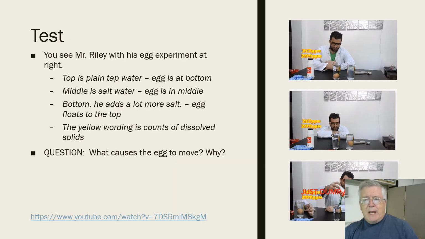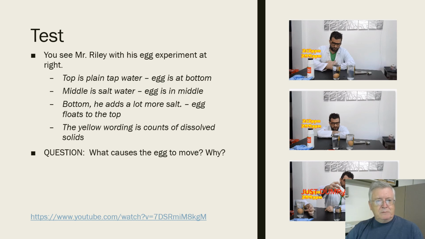Okay, here's a new test question. Over here to the right, you can see Mr. Riley with his egg experiment. The top picture is plain tap water, and the egg is at the bottom. The middle picture is salt water. He had prepared salt water, and the egg is in the middle.